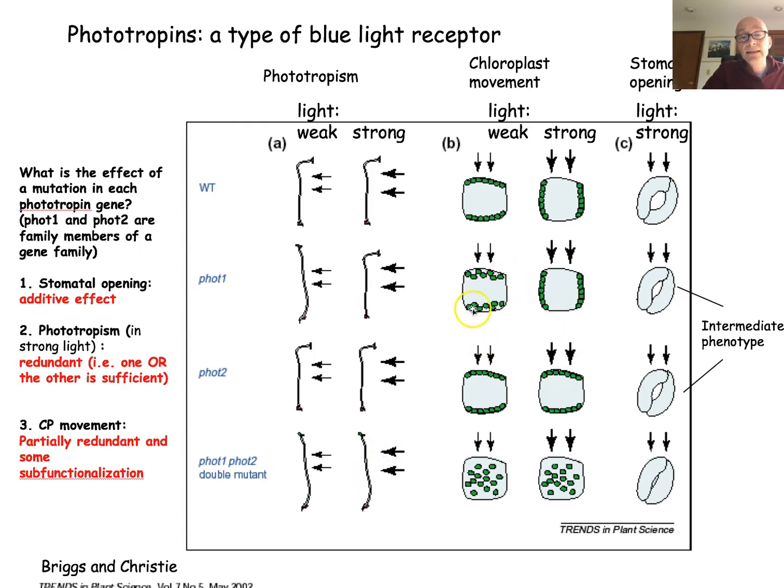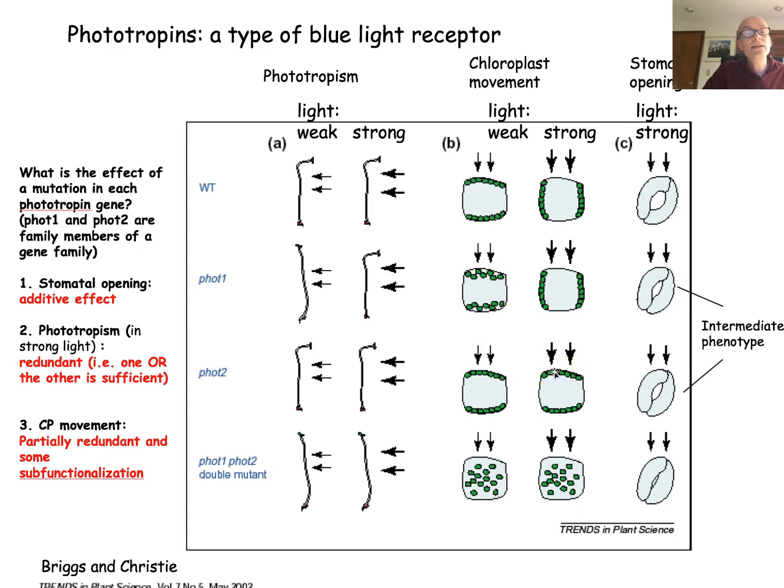And then in this example, it becomes a little more complicated. Here you have partial redundancy, because you still get some function. You get some function, even though it's the wrong function, but at least you get some sort of an assortment of the chloroplasts. And so you could say there's some subfunctionalization between these two genes.